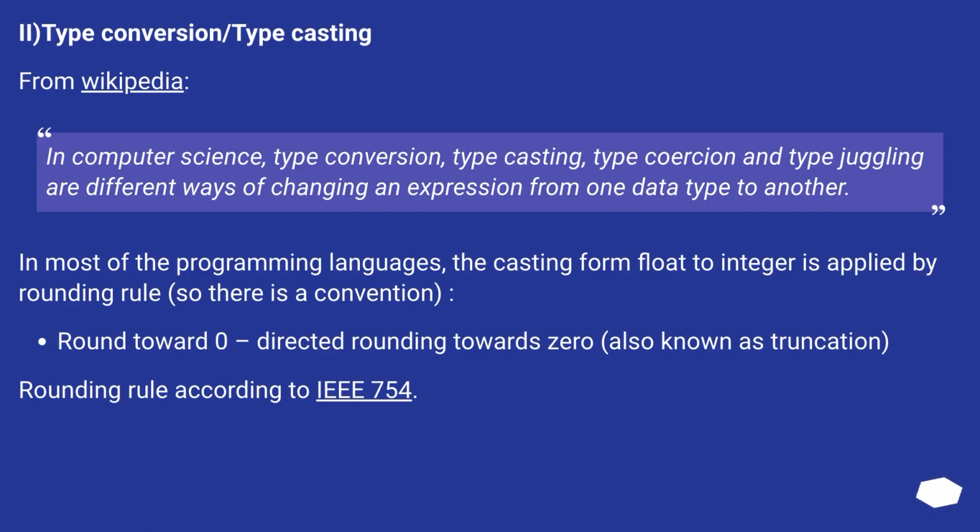Type conversion / type casting. From Wikipedia: in computer science, type conversion, type casting, type coercion and type juggling are different ways of changing an expression from one data type to another. In most programming languages, the casting from float to integer is applied by a rounding rule, so there is a convention: round towards 0, directed rounding towards 0, also known as truncation.